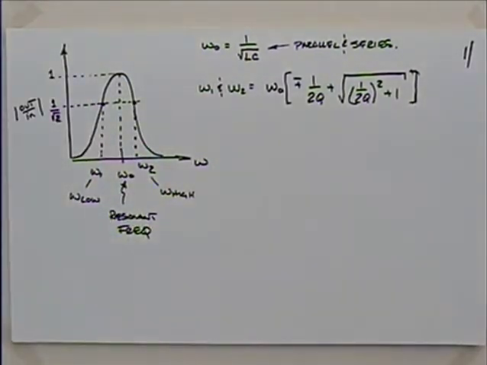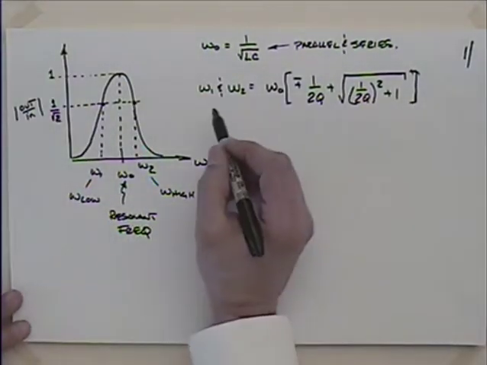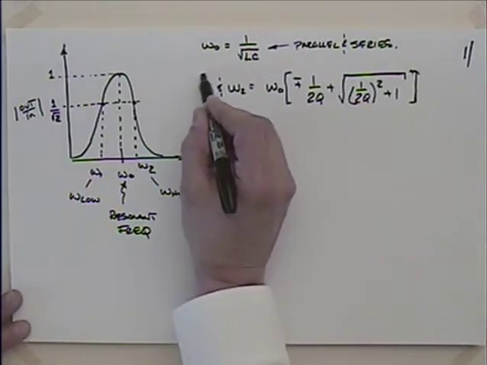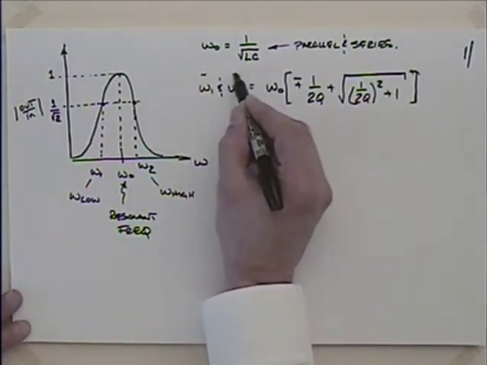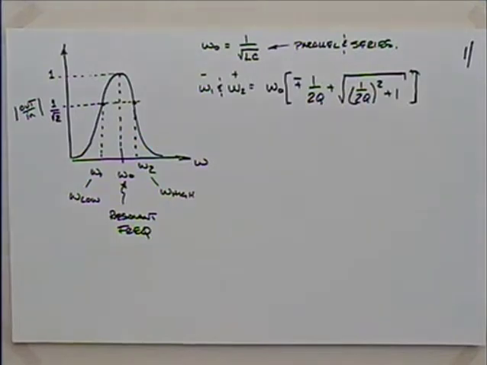So if you want to find the omega 1, you'll use the negative sign. If you want to find the omega 2, you'll use the positive sign. So that's what that's meant.